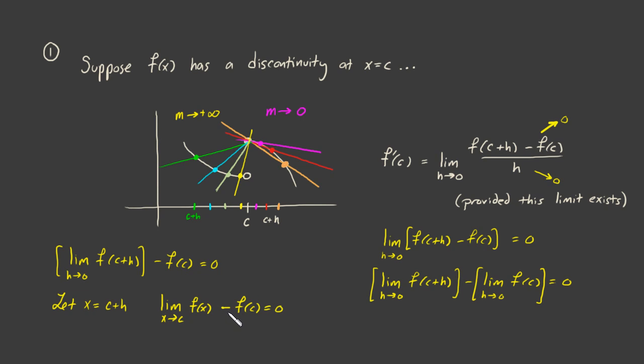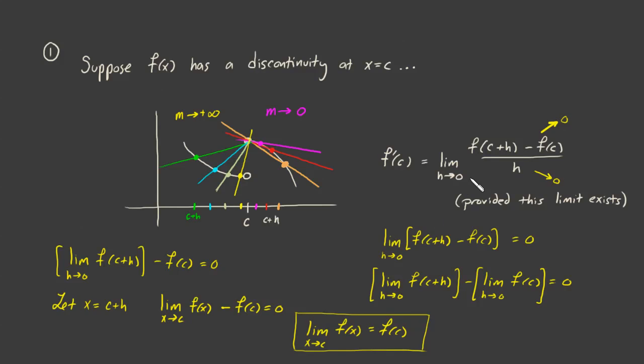Okay? Now, simply taking the f of c to the other side, we have this guy right here. Now that should look familiar, doesn't it? This is precisely what we mean when we say f is continuous at c.